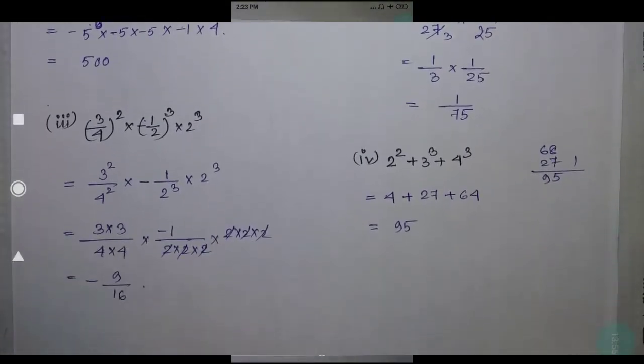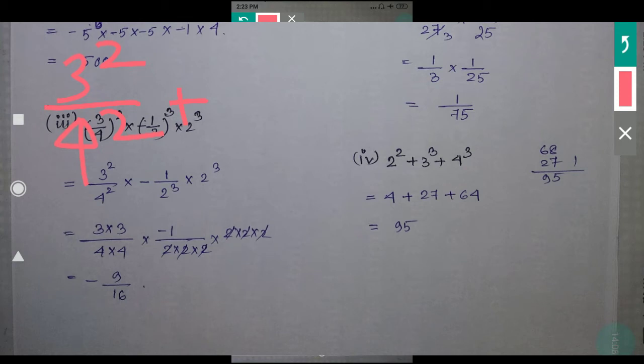Here also, (3 by 4) square means 3 square by 4 square, into (minus 1 by 2) cube. Sorry, this is not plus, this will be multiplication. Minus 1 by 2: negative number, power is what? Odd. So that means minus will come out.